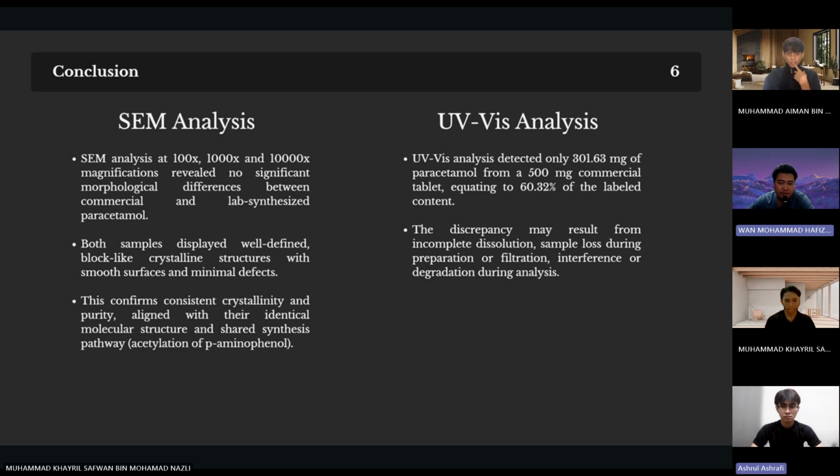However, the UV-based results show only 301.63 milligram of paracetamol in a 500 milligram tablet, which is just 60.32% of the tablet amount. This may be due to incomplete dissolution, sample loss, or degradation. Despite the similar SEM profiles, the findings emphasize the need for accurate sample handling to ensure reliable analytical results.